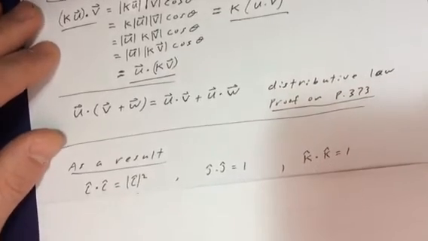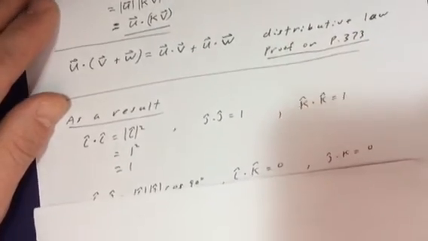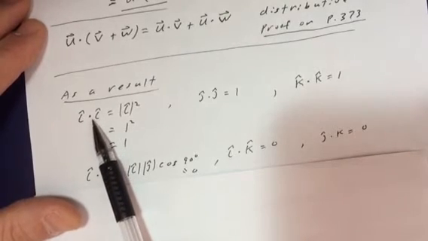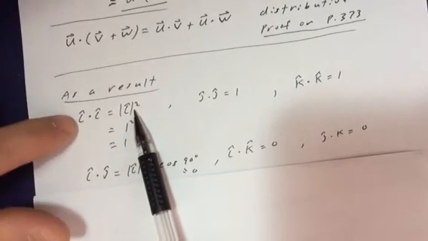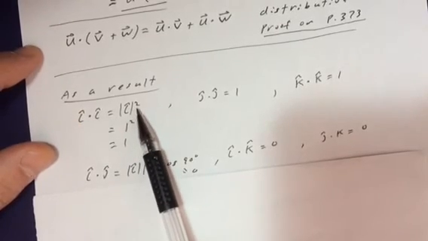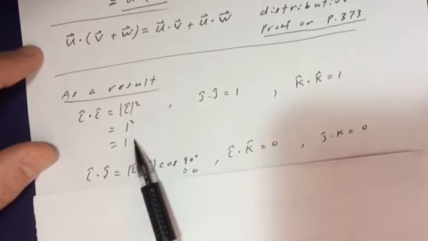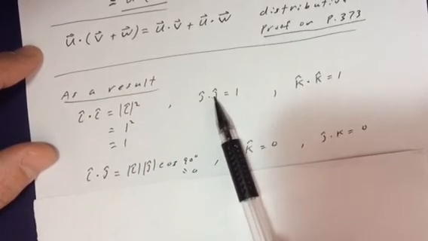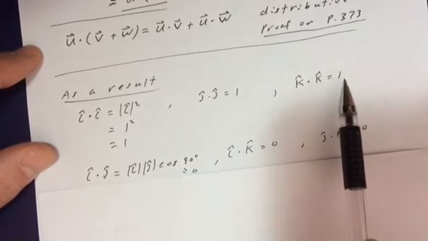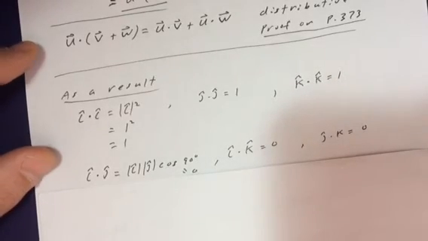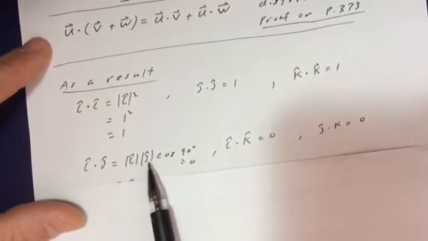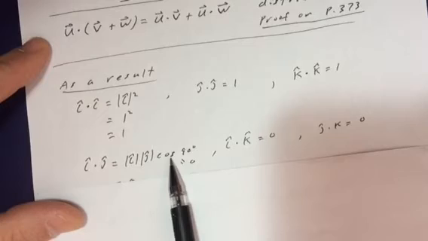As a result, we have some of these here that I can show you. So i dot i, a vector dot itself, is just its magnitude squared. Remember, i is the unit vector in the direction of the x-axis. So i dot i is 1, which also means that j dot j is 1 and k dot k is 1. i dot j equals magnitude of i times the magnitude of j times cos of 90.